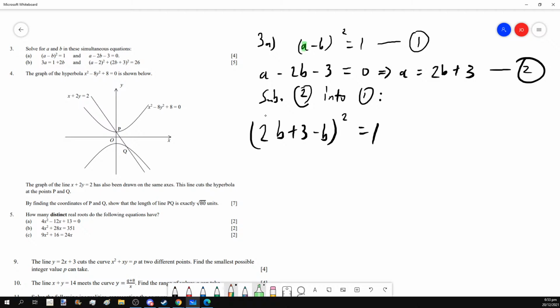Right? So a has now turned into this guy. So now we have (a − b), which becomes (b + 3)², equal to 1.